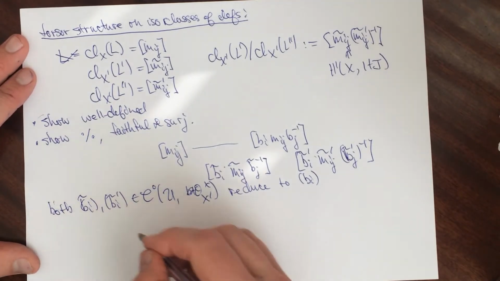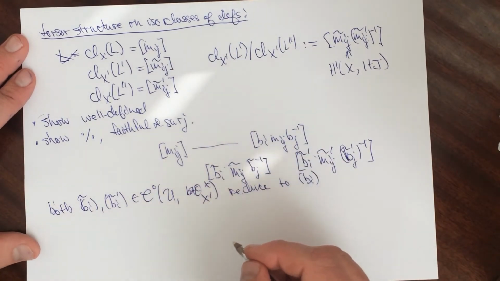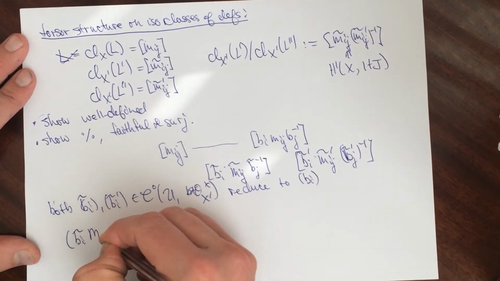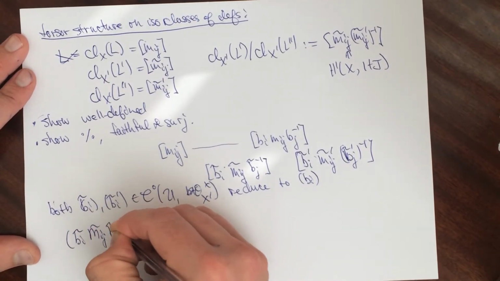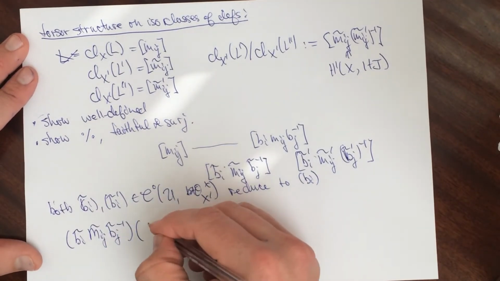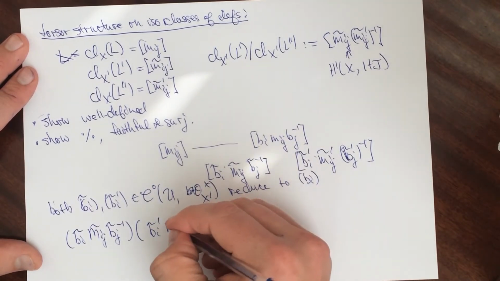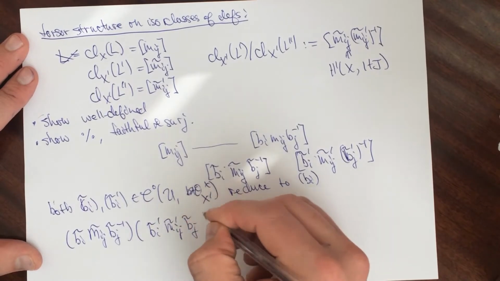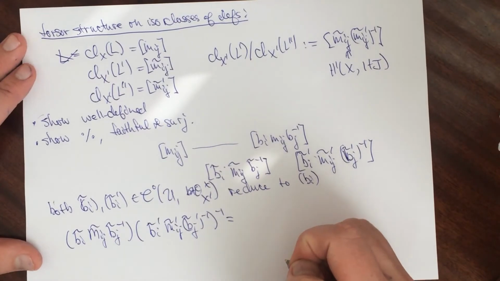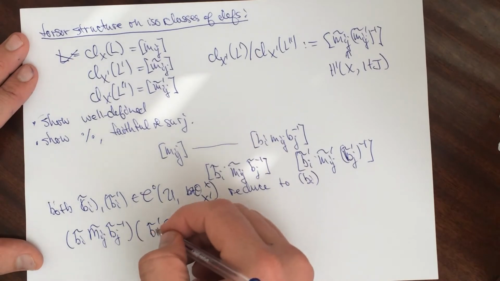So let's just write this out. Let's write out the definition. So we have this guy, Mij tilde bj tilde inverse here. And then now I'm going to do the other one: bi tilde prime Mij tilde prime bj tilde prime inverse, inverse. Here we're going to separate this out.